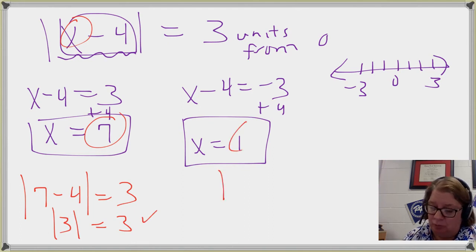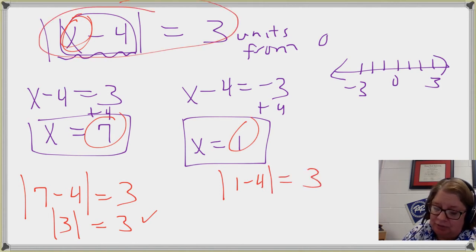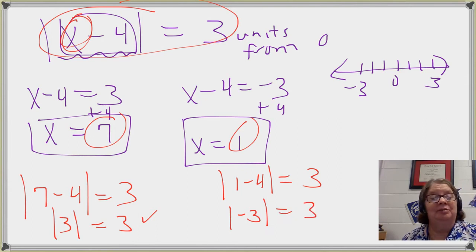Take this 1 and plug it in for the x. 1 minus 4 is negative 3. What's the absolute value of negative 3? In other words, how far from 0 is negative 3? It's 3 units. So this one works. Both of these are valid solutions. Both of those make that equation true.